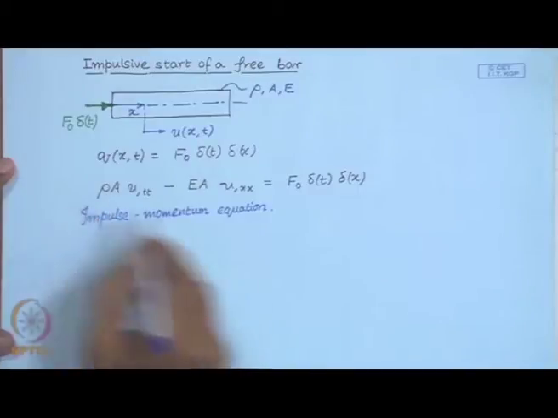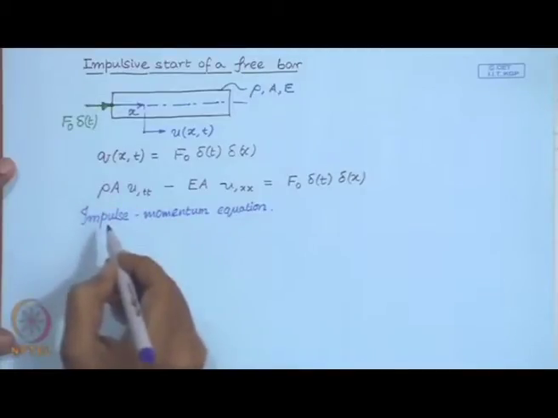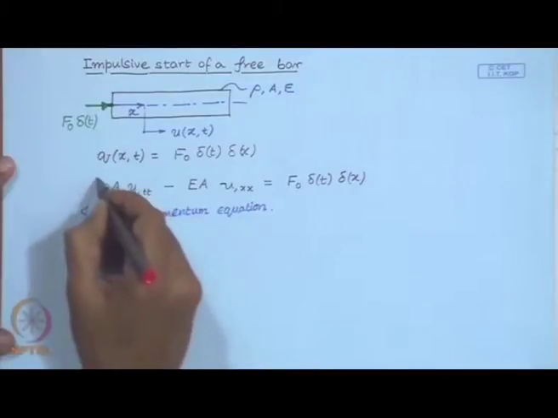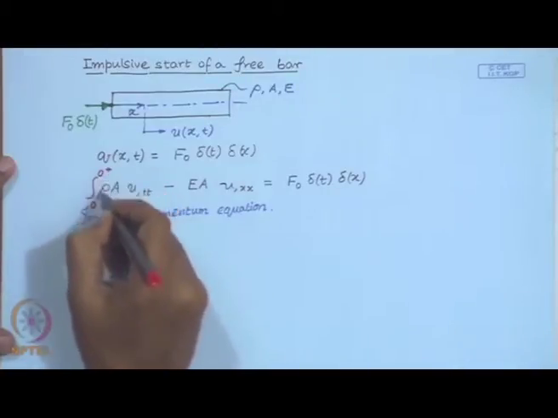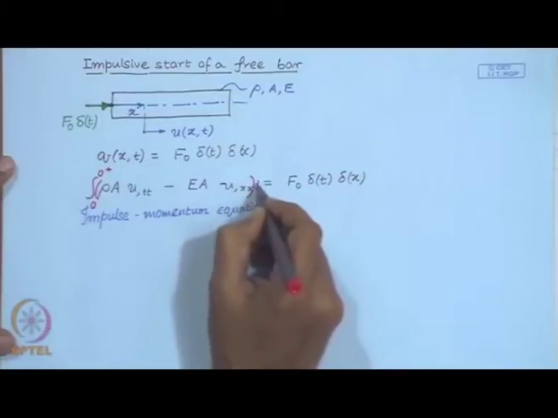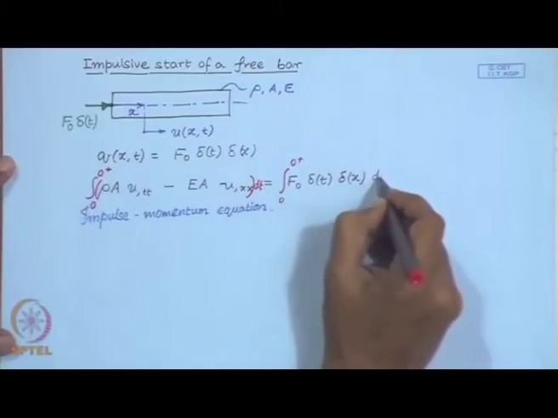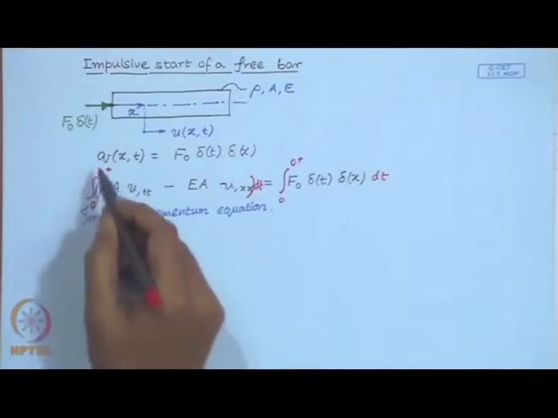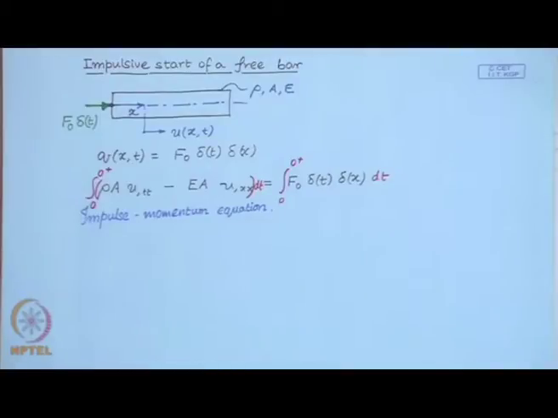This is obtained by integrating this equation of motion over a very small time interval, 0 to 0 plus, that is, a time just after the impulse has been applied.